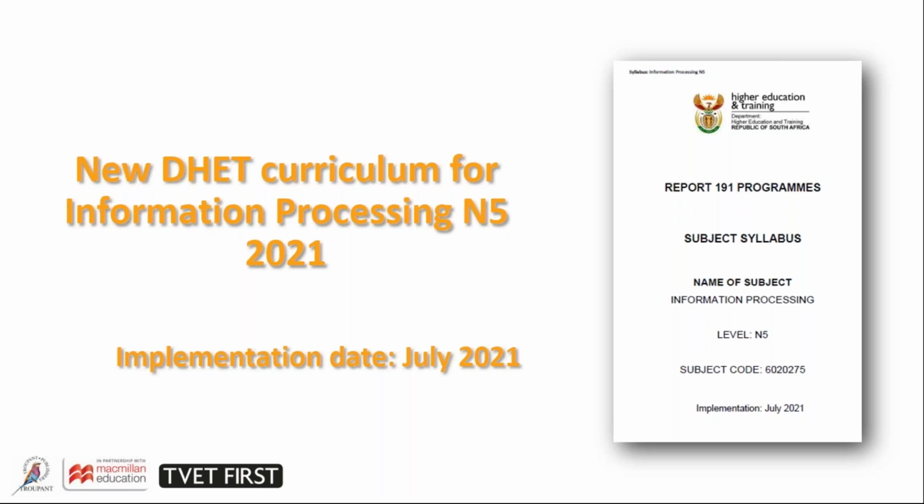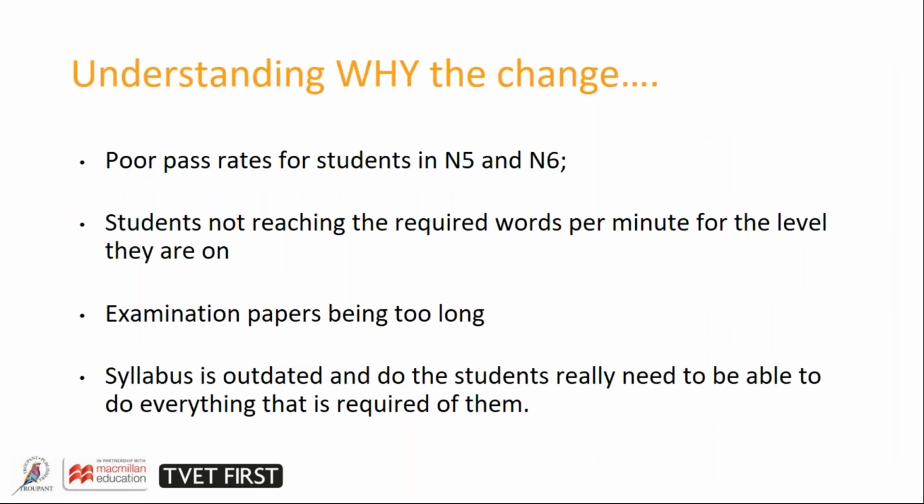Before we have a look at that, I want you to please understand why the changes were made. The Department of Higher Education and Training were complaining about the poor pass rates for students in N5 and N6. The campuses and colleges around South Africa were complaining that the students were just not reaching the required words per minute for the level that they are on.